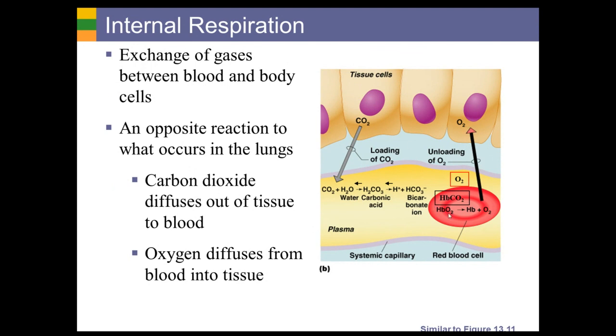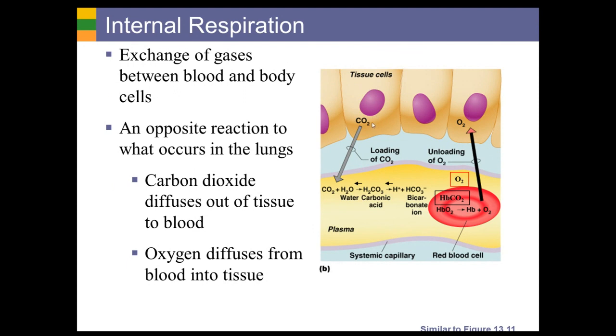Now, believe it or not, these red blood cells don't give up all of their oxygen. They give up about half of their oxygen. So blood leaving the systemic capillaries is about what's called 50% saturated. It contains about 50% of the maximum amount of oxygen that it can hold or carry.